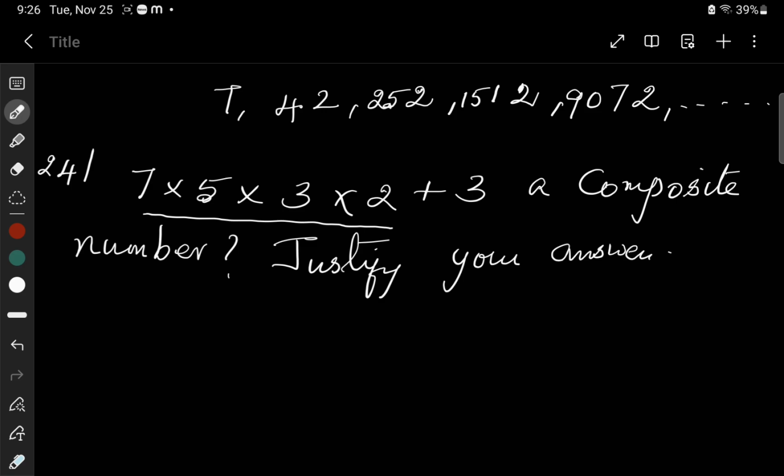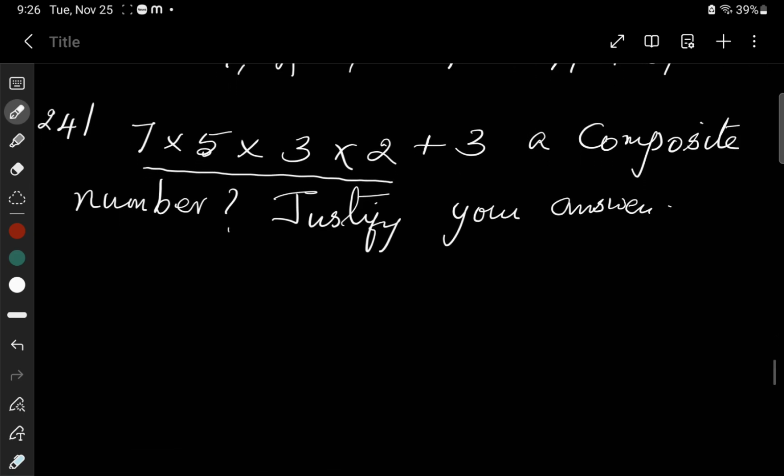What is a composite number? We can express it as the product of 2 numbers. It may be a prime number also. See, let me take the given sequence now: 7 into 5 into 3 into 2, this is one number, plus 3. Take 3 as common.